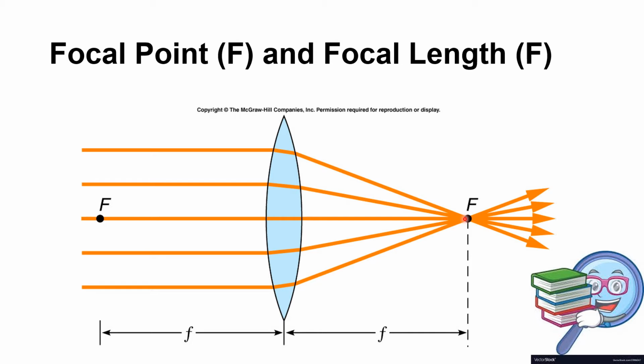Focus is the point where the refracted rays meet. It is also called the focal point. Now, the distance between the lens and the focal point is called the focal length.